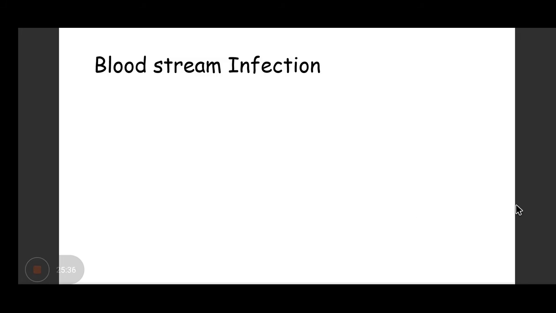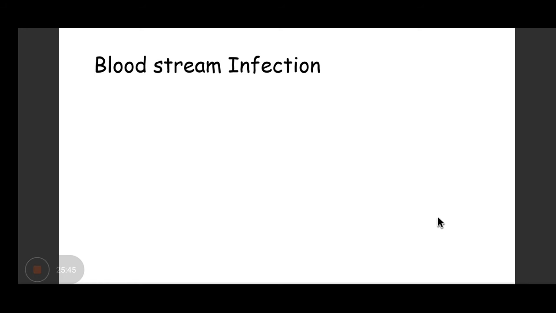So based on these things and with associated symptoms like headache, sore throat, burning micturition, cough, dyspnea, etc., you will get certain clues to proceed with your further investigations.